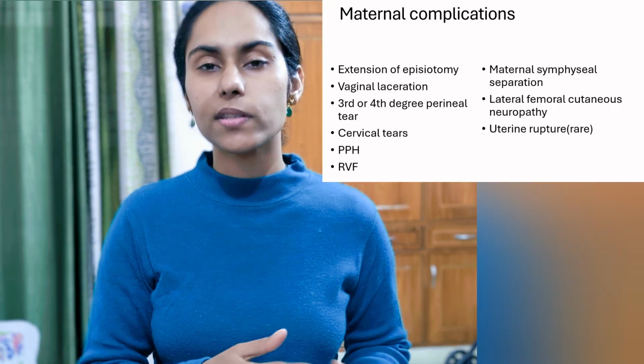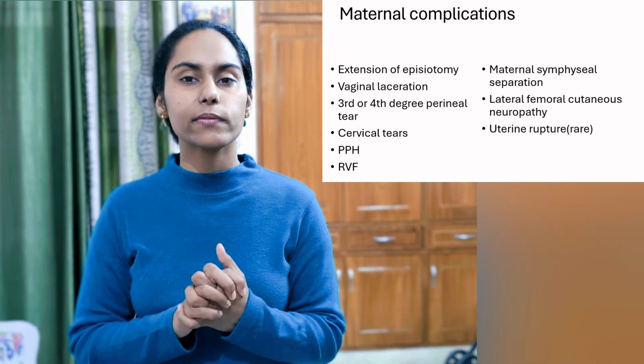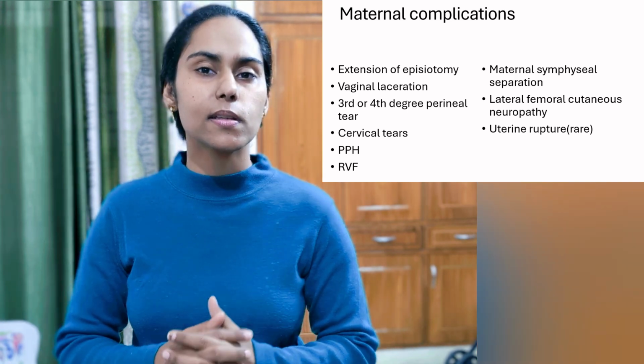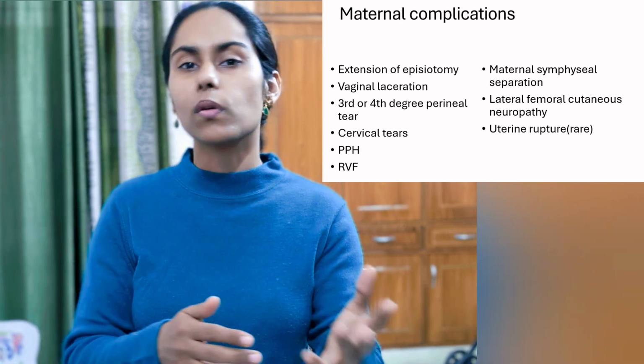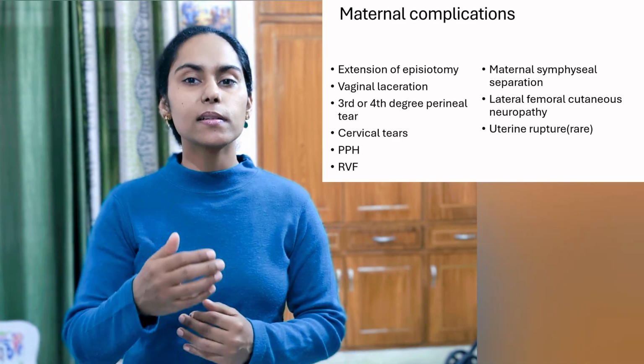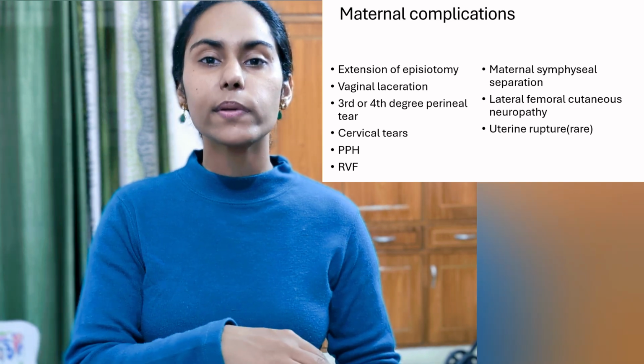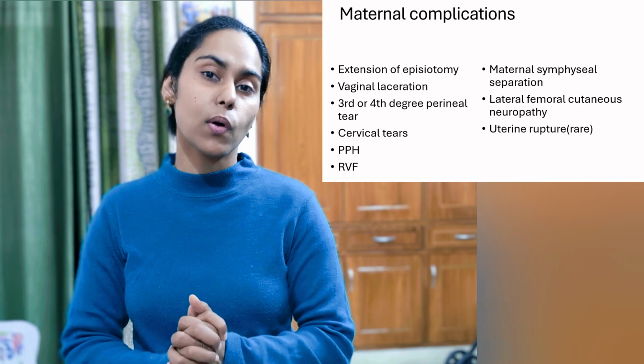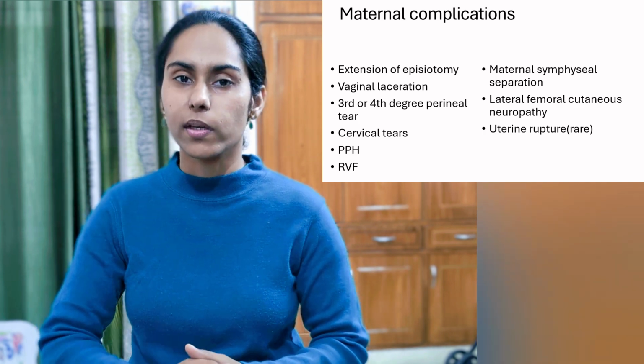So both maternal and fetal injuries can occur. Firstly, talking about the maternal injuries, there can definitely be an extension of the episiotomy that we have given, or other related tears such as a midline tear, a vaginal tear, or a cervical tear. And that may lead to a traumatic PPH, or that may be associated with other forms of PPH such as atonic PPH.